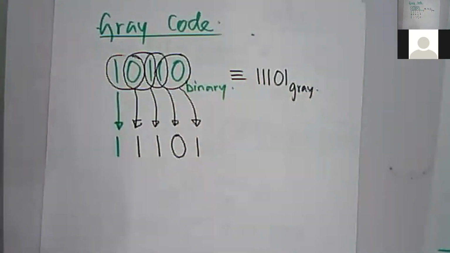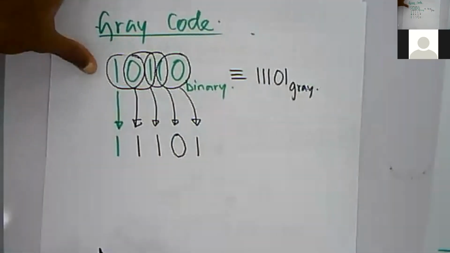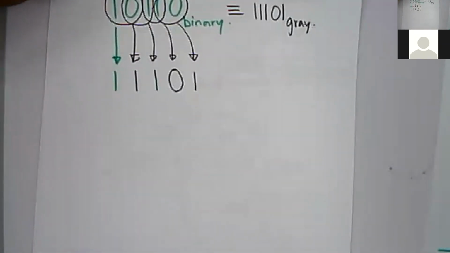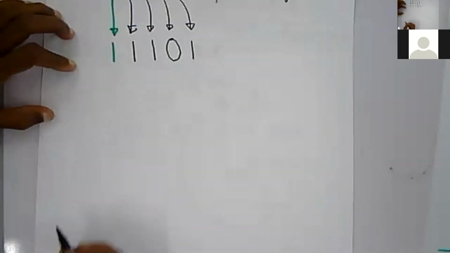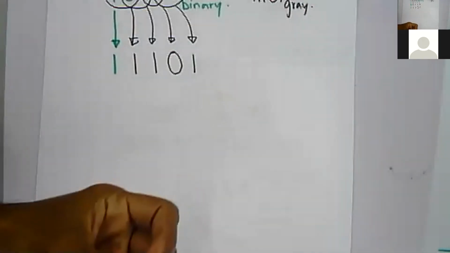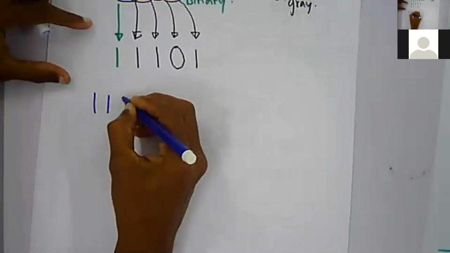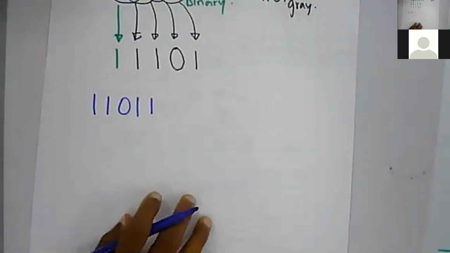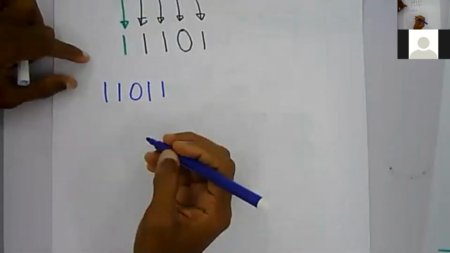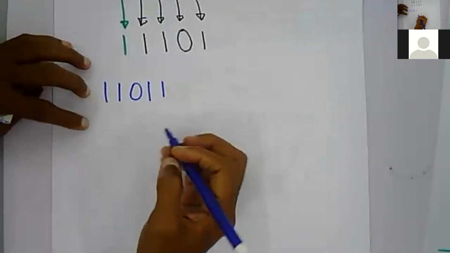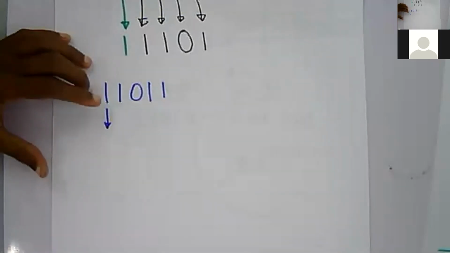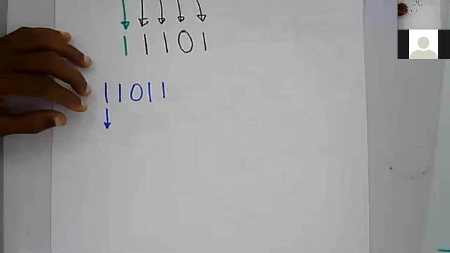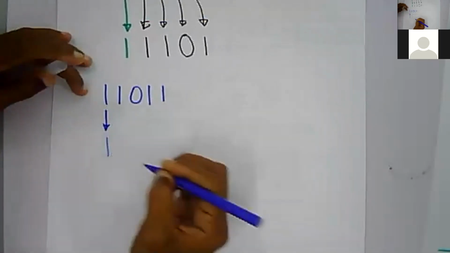Now we have a gray code, and let's see how we can convert that into a binary number. For example, perform 11011. Here, the same thing: drop the first bit, and that becomes 1.